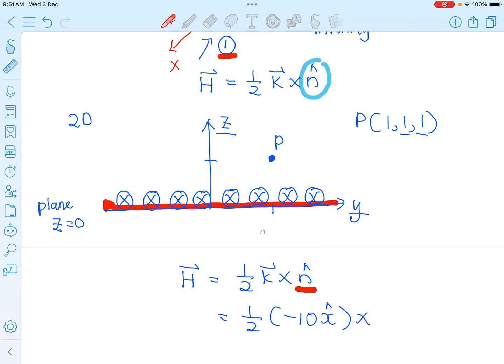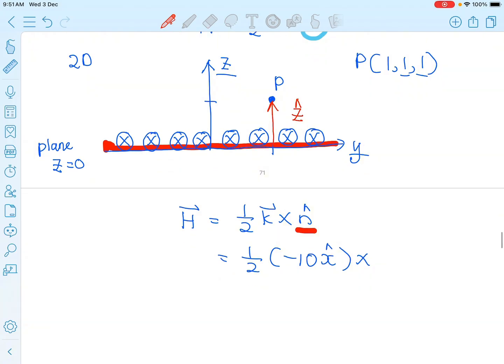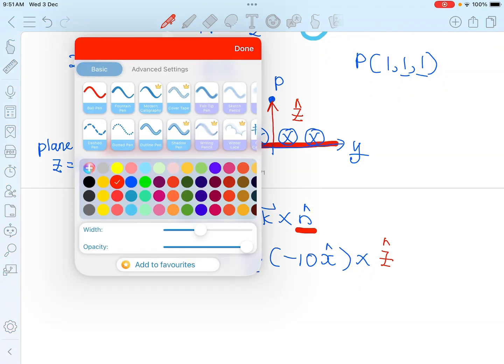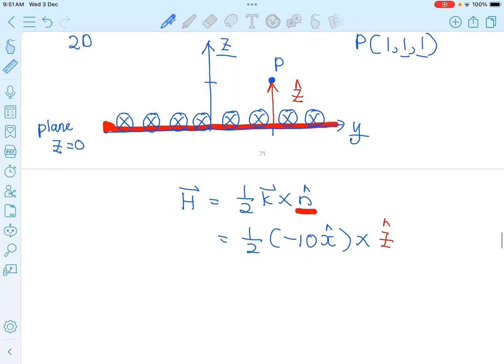You must point from your surface to the observation point. Draw an arrow from your plane to the observation point P, and your arrow is in the positive z direction, so n is positive. This is how you determine the direction of unit vector n.